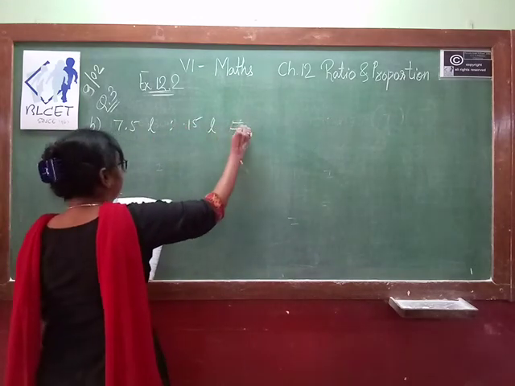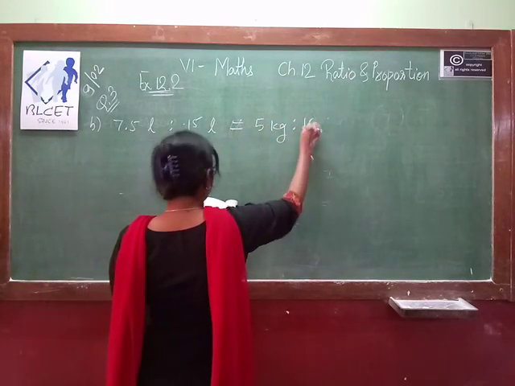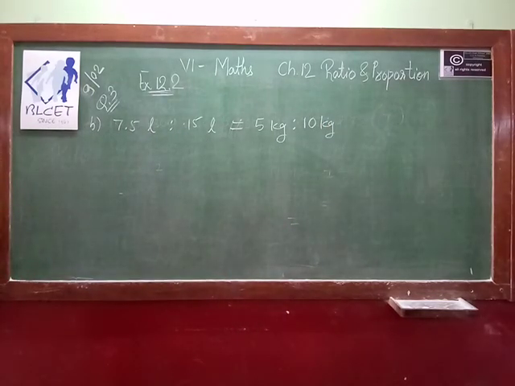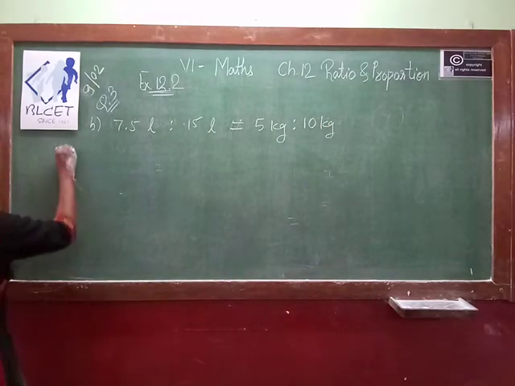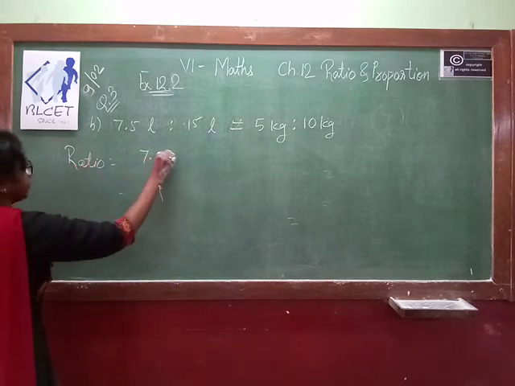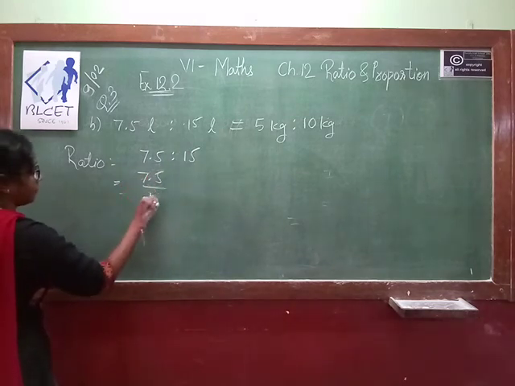We have to compare this ratio with 5 kg to 10 kg. So first we take the ratio 7.5 is to 15, which is equal to 7.5 divided by 15.